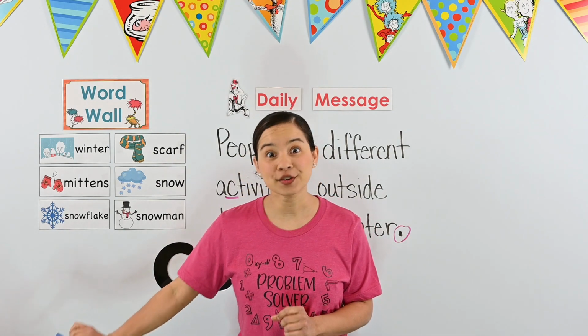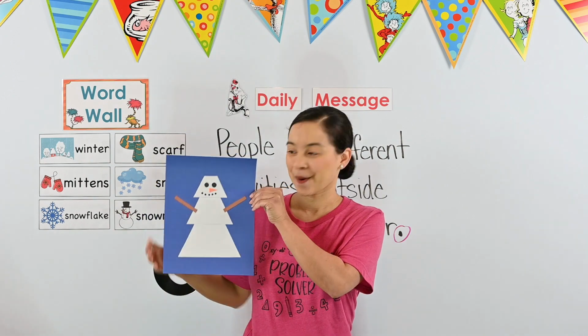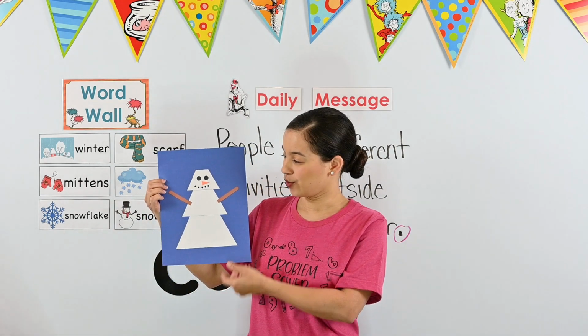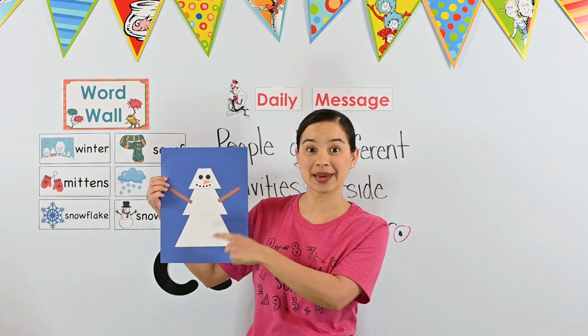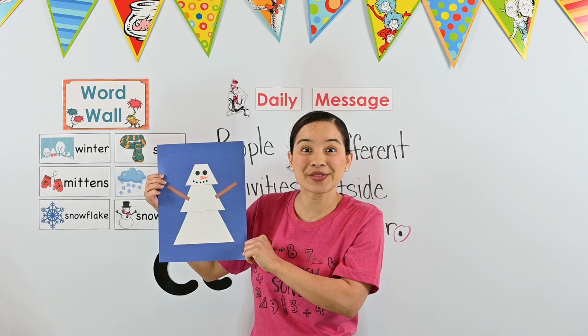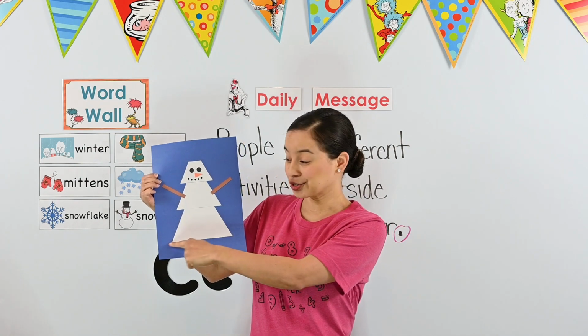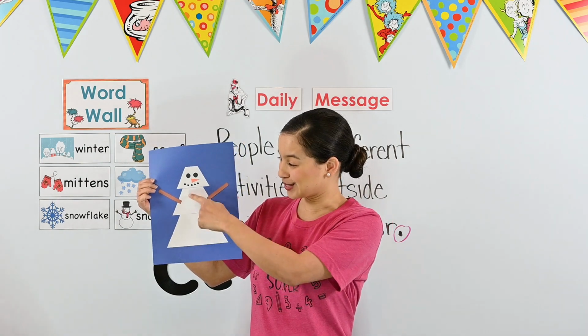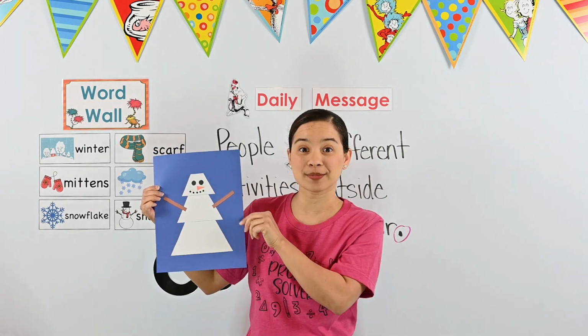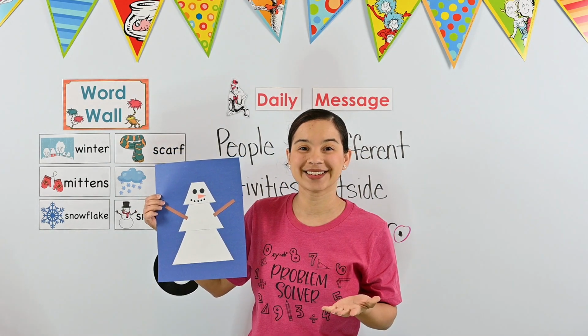Here is another snowman that I made. What shapes do you see on this snowman? What shapes did I use to make his body? It's our shape of the week. I used trapezoids to make the snowman's body. What did I use to make his arms? What shape?